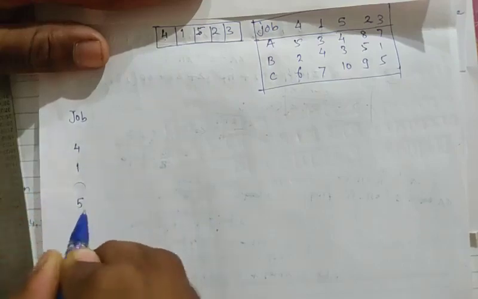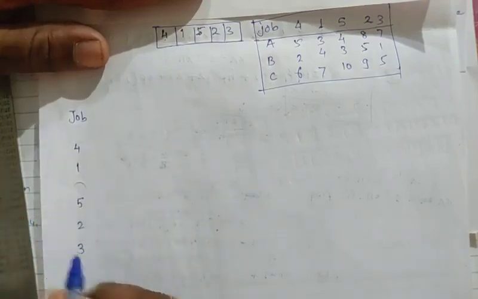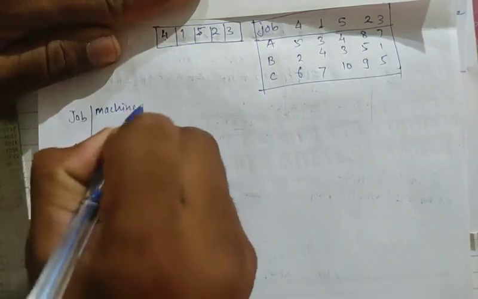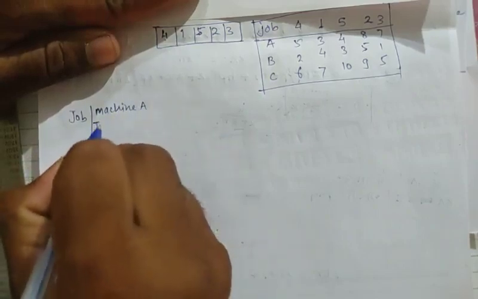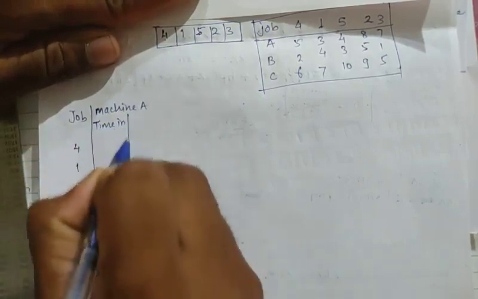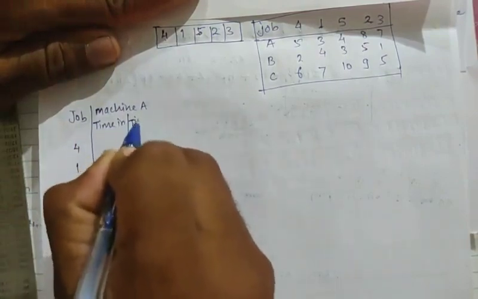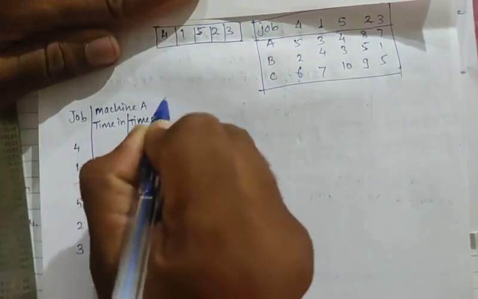Now make a chart. There are 3 machines. First I will write the jobs in the optimal sequence: 4, 1, 5, 2 and 3. Next, for machine A, there is time in and time out, and next the idle time.